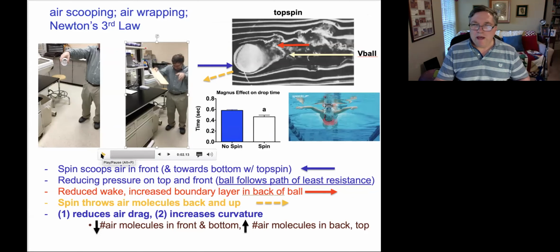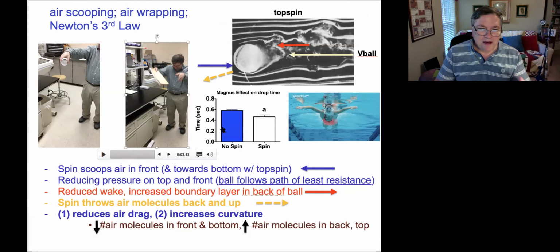Notice the speed, it's a lot faster. And it's following the curvilinear path, so we actually probably underestimated the speed. We have an average time, we did the statistics on it, and for sure, with no spin, it took longer for that cylinder to reach the ground from the same height versus with spin.